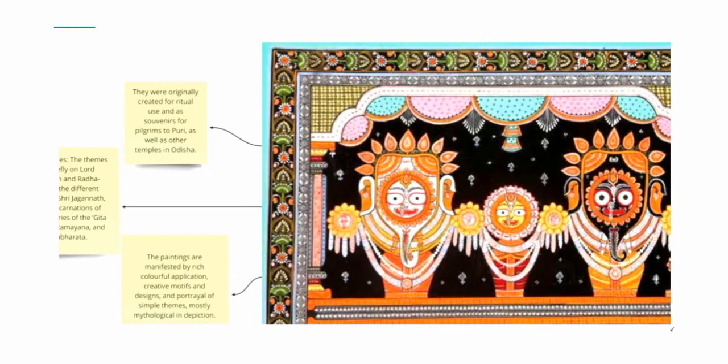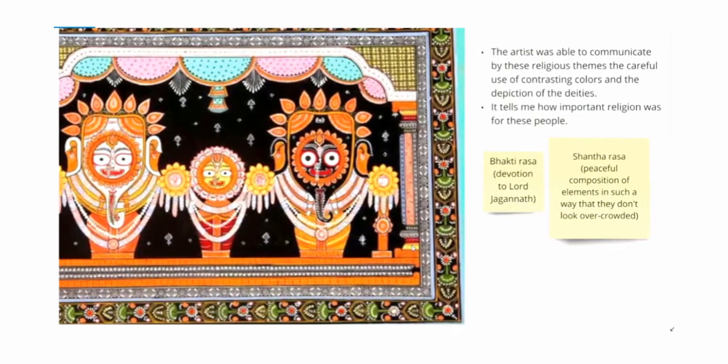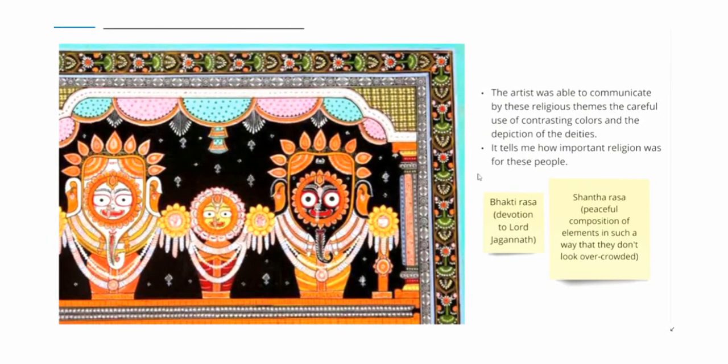There were also depictions of Mahabharata, Ramayana, Geet Govind, etc. The paintings were manifested by rich colorful application, creative motifs and designs, and portrayal of simple themes which were mostly mythological in depiction. So, what I could make out was that the artist was able to communicate these religious themes because of the careful use of contrasting colors and the depiction of the deities.